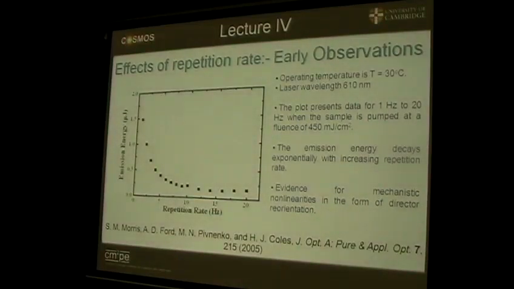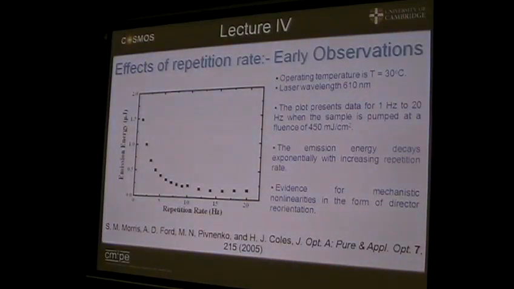Now, when we first did this work, going back 5 years thereabouts, there was something that I alluded to earlier, and one of the questions is, how can you make a CW or quasi-CW laser system in an organic material? You have an organic dye, you have an organic liquid crystal.